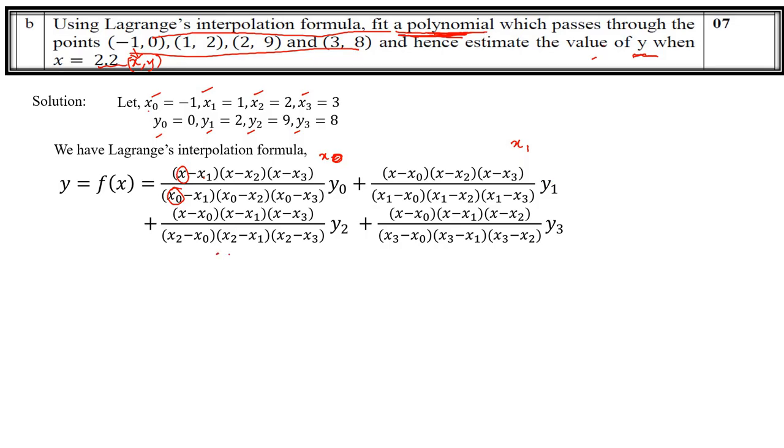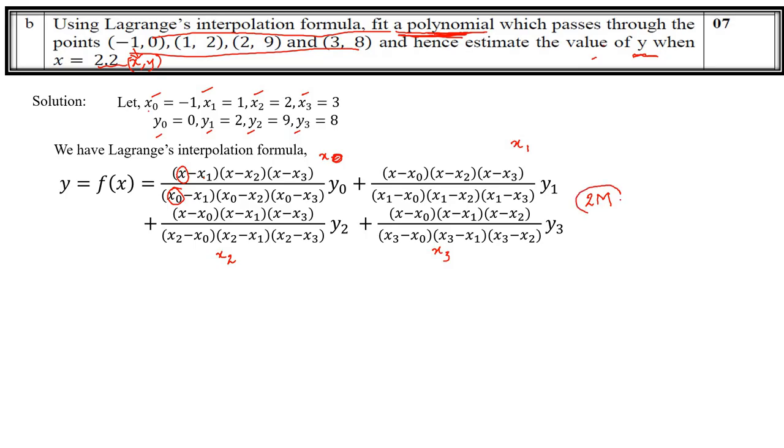Now in the third term I am going to leave out x2. So x minus x0, x minus x1, x minus x3, all divided by x2 minus x0, x2 minus x1, x2 minus x3, multiplied by y2, plus, now I am going to leave out the last term x3: x minus x0, x minus x1, x minus x2, all divided by x3 minus x0, x3 minus x1, x3 minus x2, into y3.